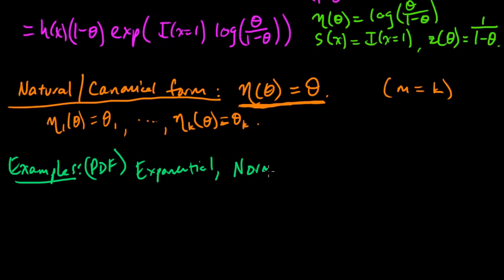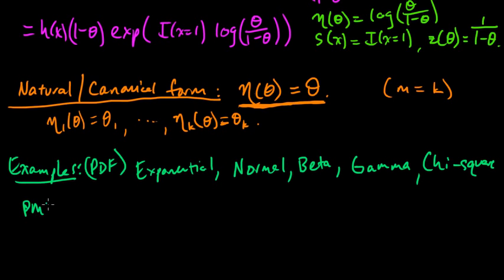Also the normal, or Gaussian, is an exponential family. Beta, gamma, chi-squared, and many more. I won't list them all. I guess there's infinitely many in some sense, but these are some common ones.